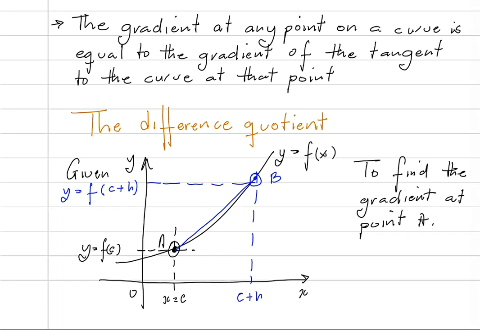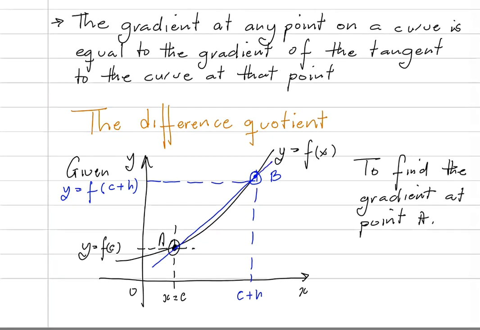Let's draw a straight line passing through A and B. So let us find the gradient at A. First of all, let's start by finding the gradient of AB.